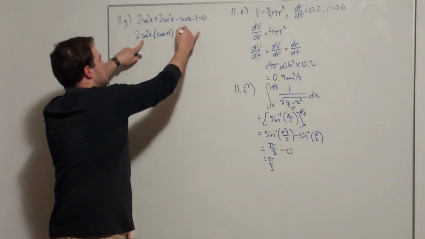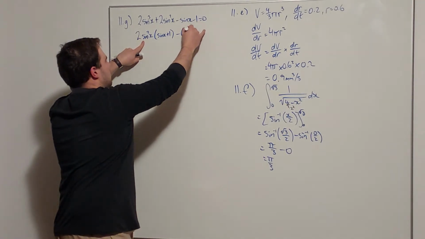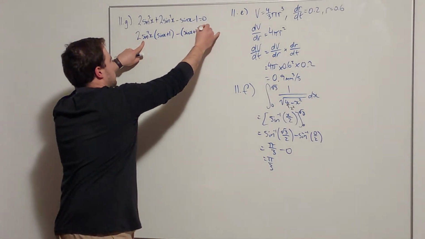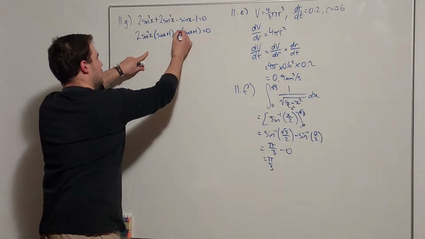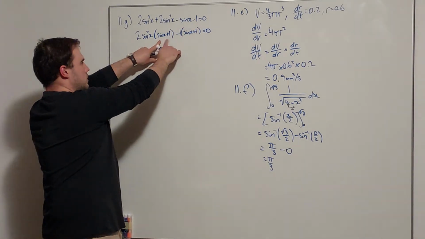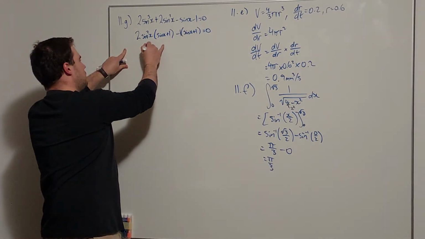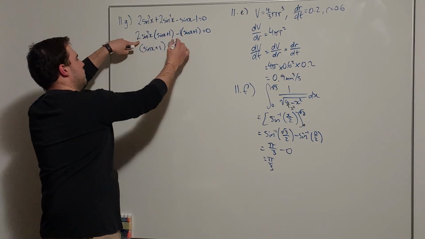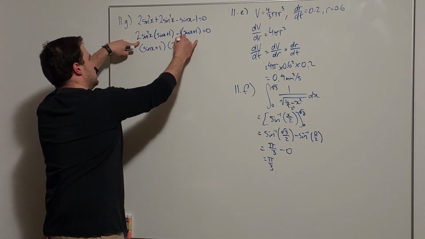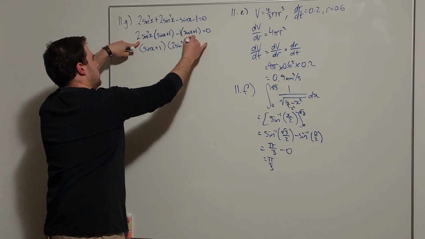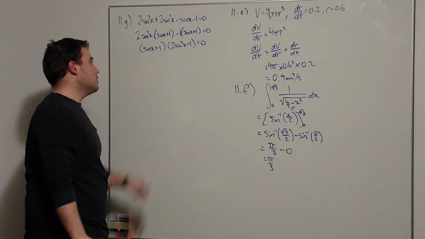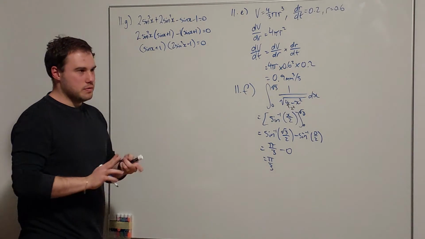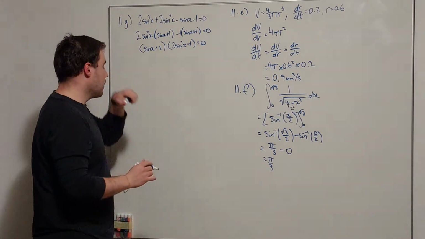We've got minus a sine x plus 1, minus 1. So we've got sine x plus 1 outside of 2 sine squared x minus 1 equals 0. So we've grouped in pairs, we've taken out the big factor.